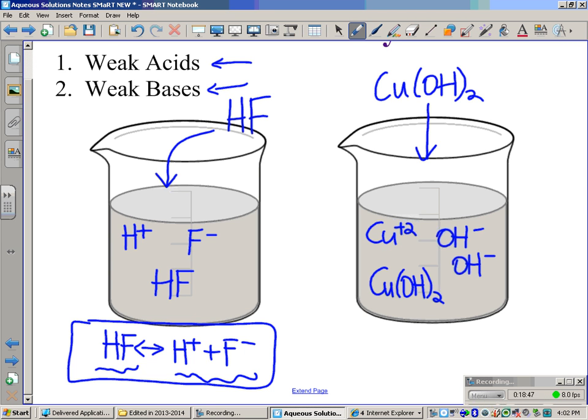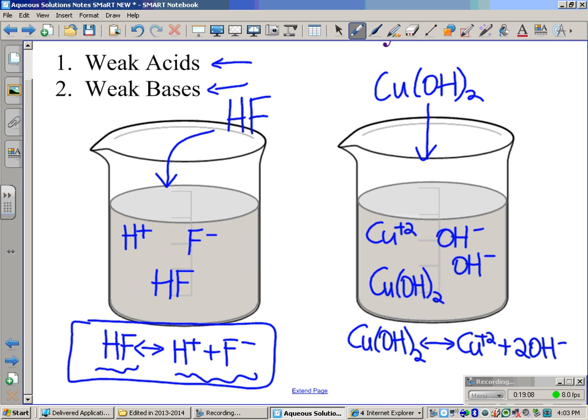So that's what my beaker would look like. We don't want to draw a beaker every time, so we're going to put Cu(OH)2. It's a weak electrolyte, so I need a double-sided arrow, okay? And then I'm going to put my Cu plus 2 and 2 OH minuses. And that would be the equation we'd want to use for that.